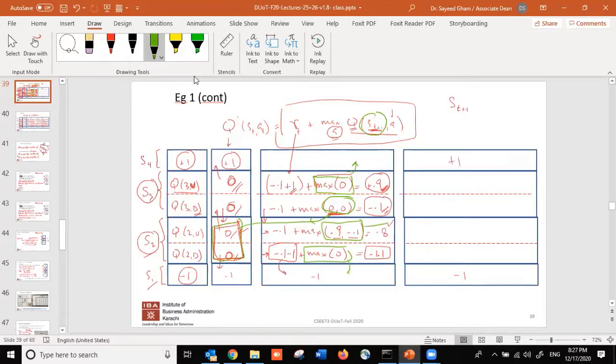This is based on these two. Because you already calculated this, you have these two. We didn't have these two before because it's an iterative process. Does that make sense?